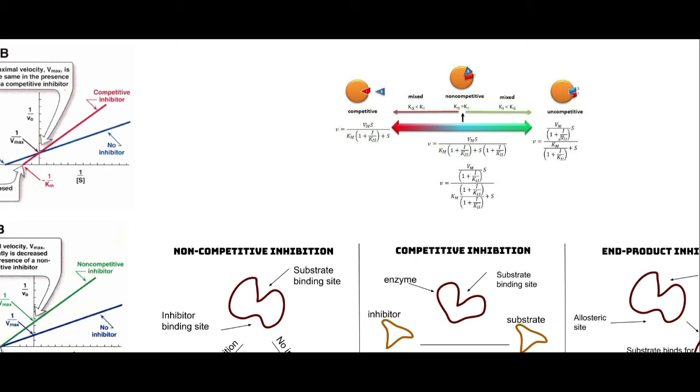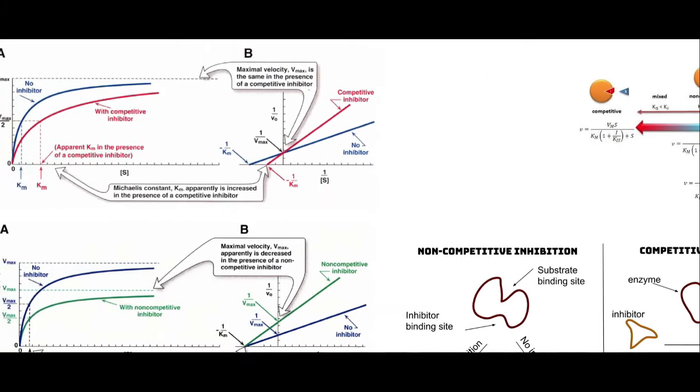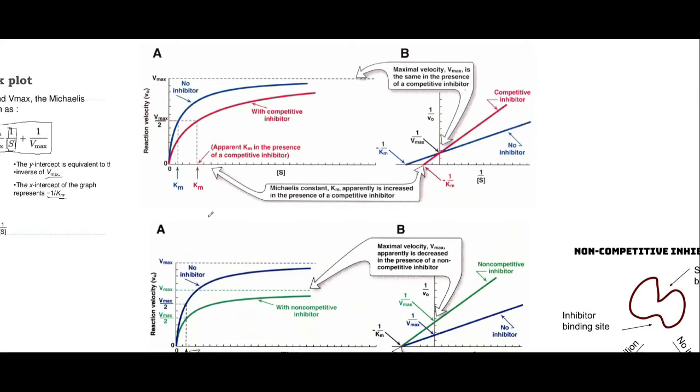I haven't really run into that very much, so I'm not going to talk about it too much. But what we see here is that if we're using a competitive inhibitor, then we have the same Vmax.